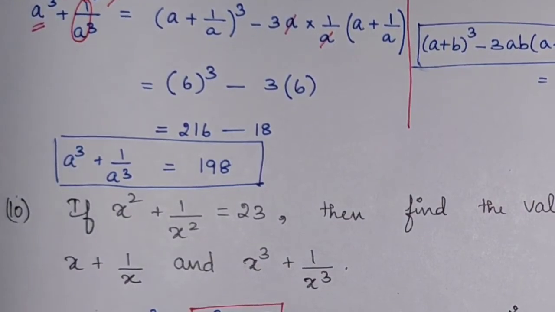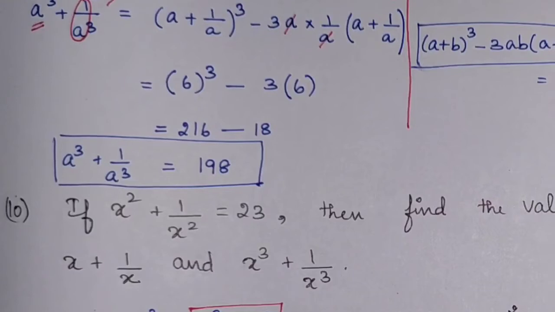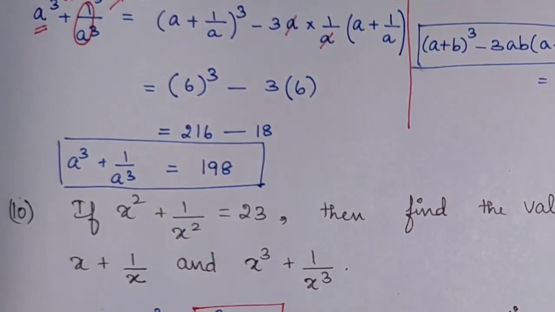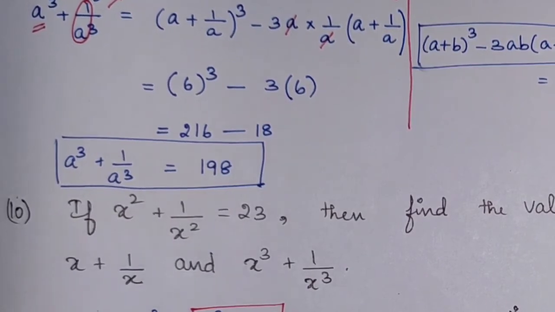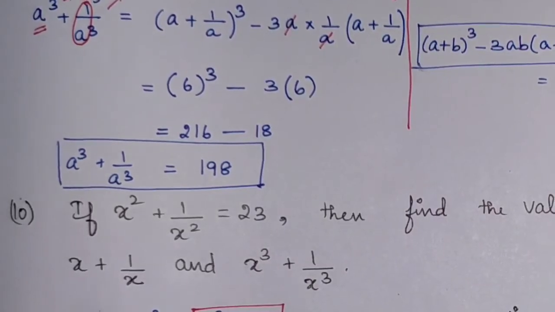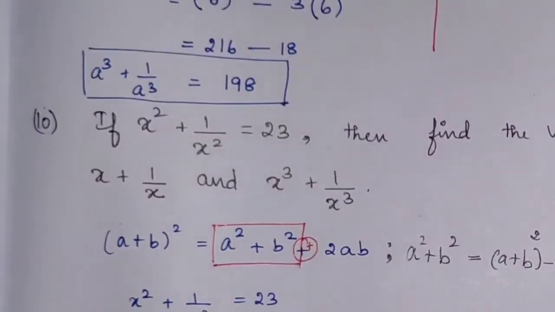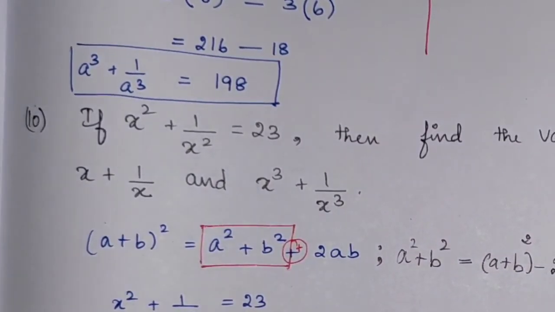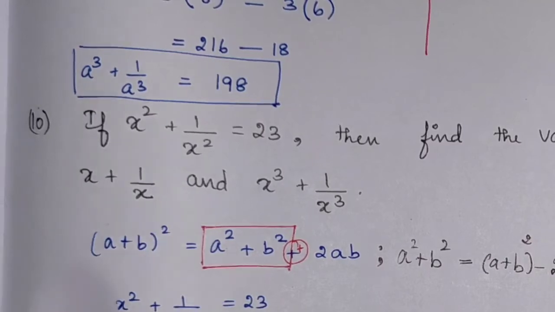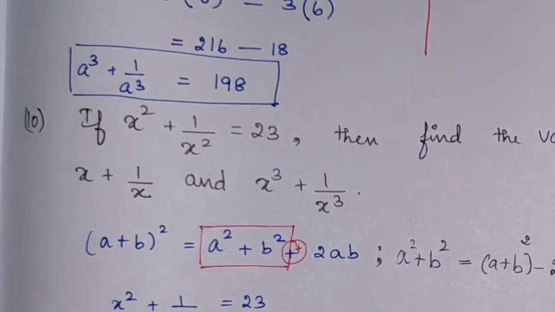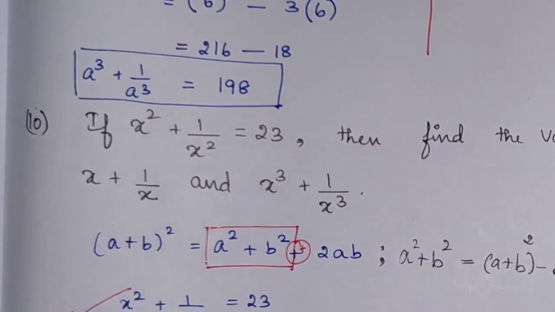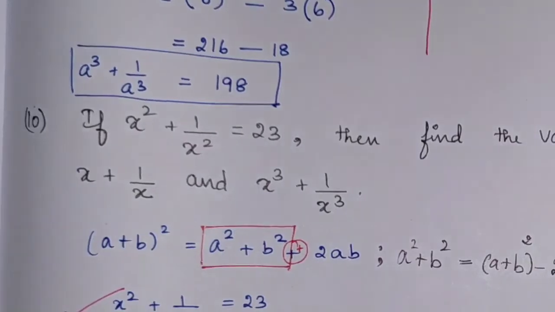Now write this formula: a square plus b square is equal to a plus b the whole square minus 2ab, where a square plus b square is equal to 23. Now in this question a is equal to x and b is equal to 1 by x. So x square plus 1 by x square is equal to 23, right?